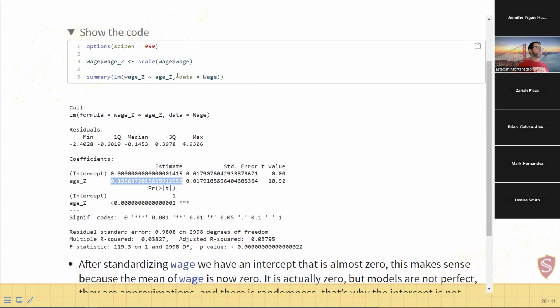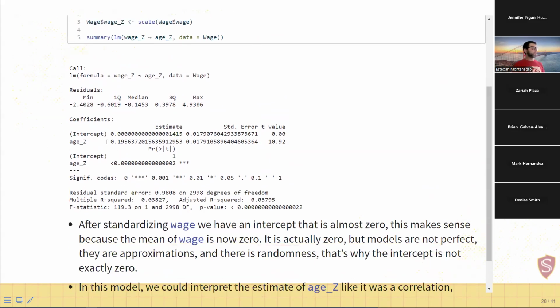Given that age is also standardized, the mean is going to be zero, and so that means that the intercept is going to be zero. So we start from zero, which is sometimes useful for interpretation, not all the time. And now we have an estimated slope for age, and the number looks different. Let me show you how it looked before.